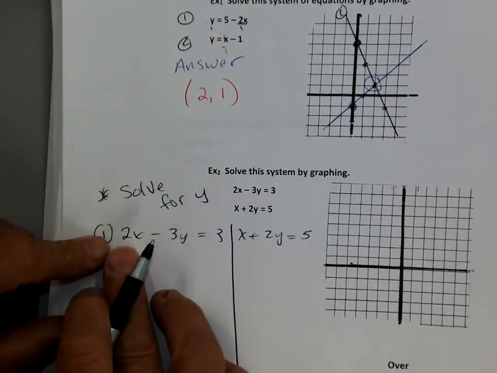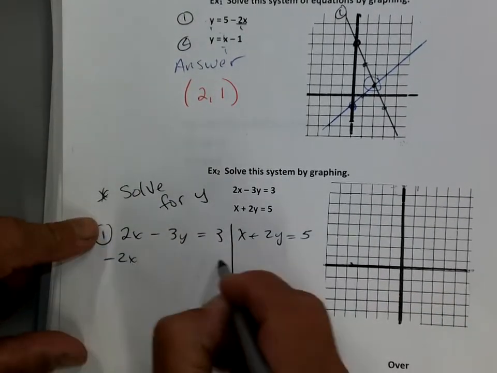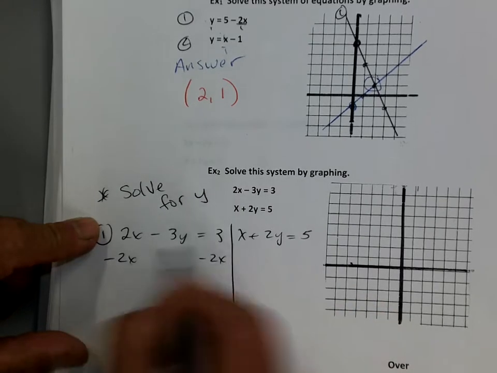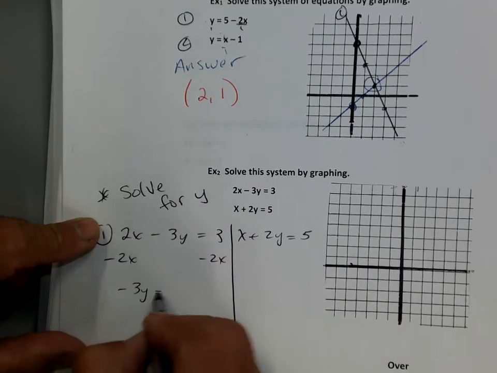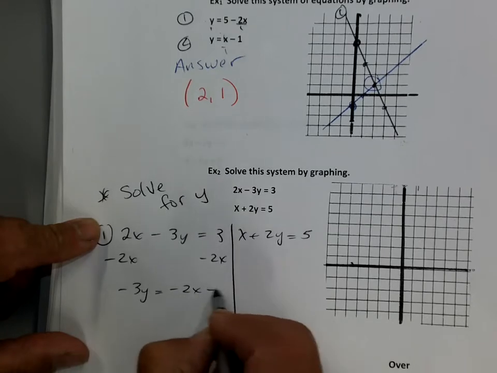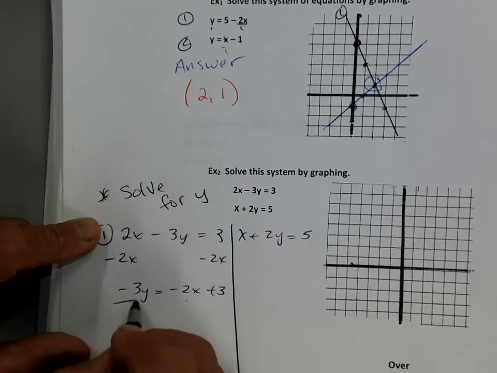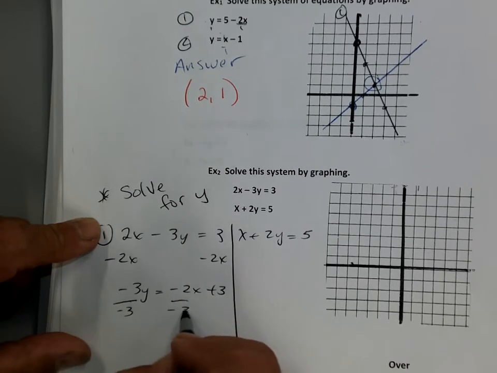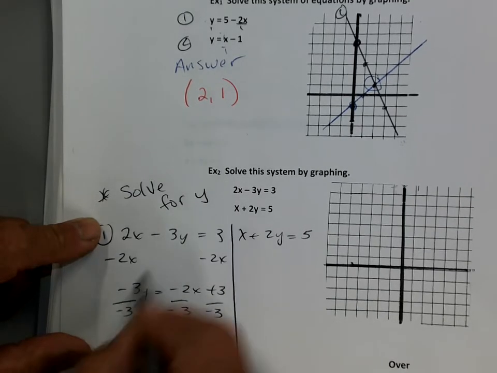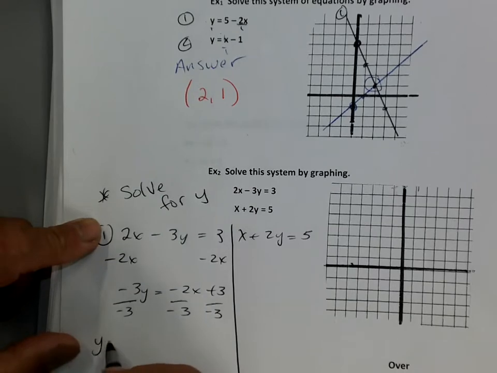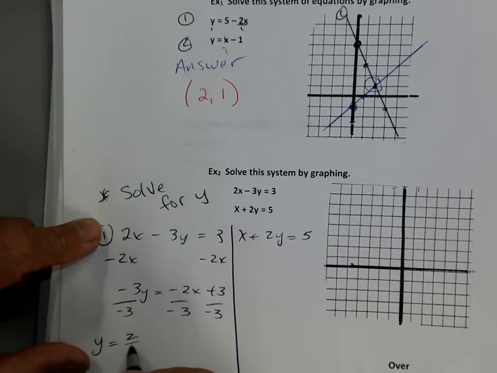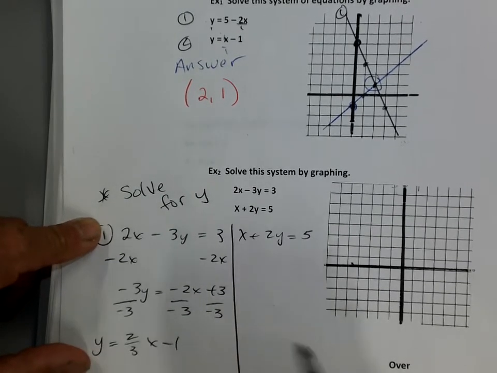To get rid of the 2x, I'm going to subtract 2x from both sides. We did this last year. I get -3y equals -2x plus 3. Divide by -3 all the way through. I get y equals 2/3 x minus 1.